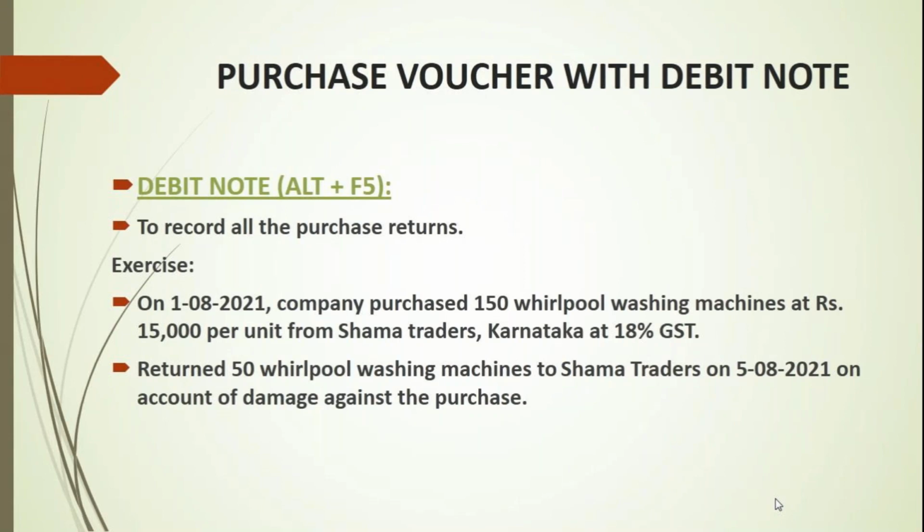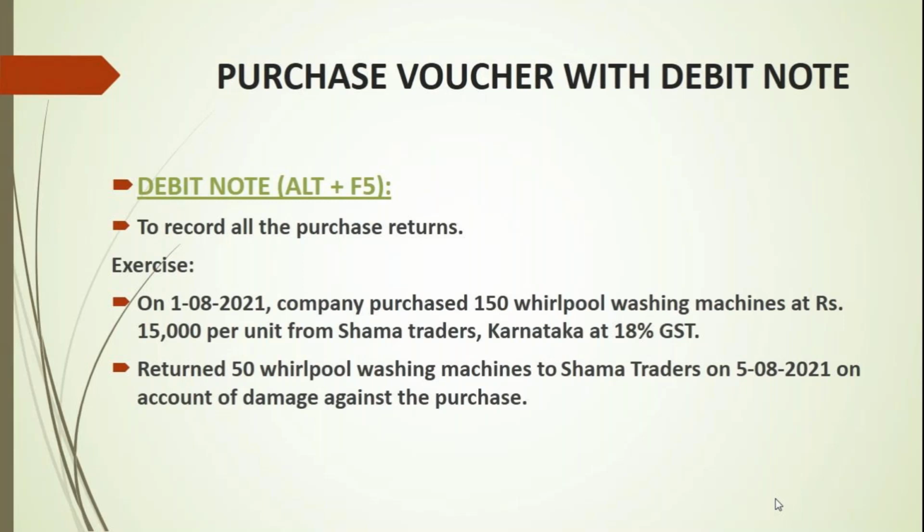Now, whenever a purchase has been made from any of the suppliers for the business purposes, and if any damage is being seen, or the stocks are not of superior quality, you're not satisfied with the stocks that you have purchased, there are n number of reasons. You would have placed an order for one kind of material, but you would have received the other one.